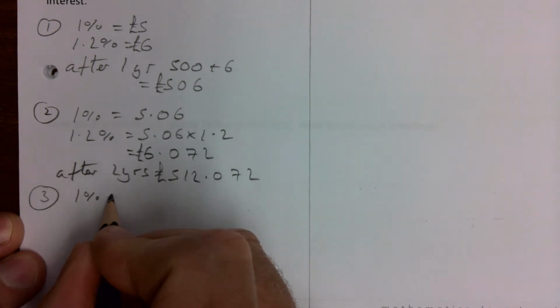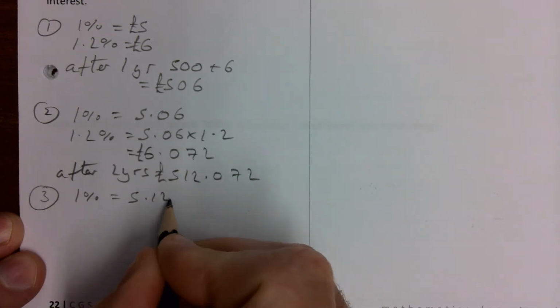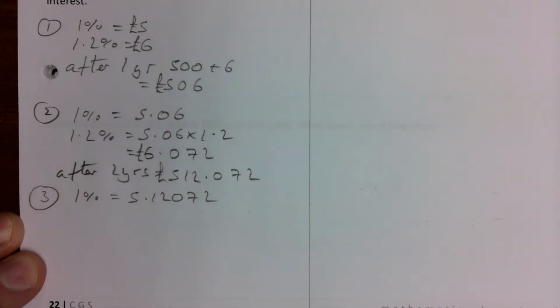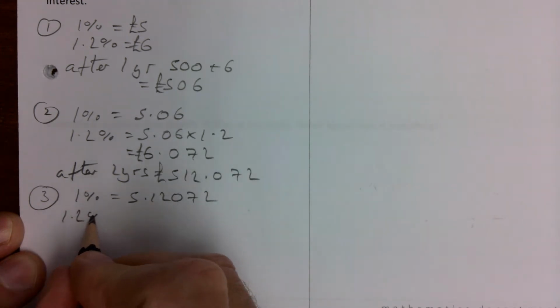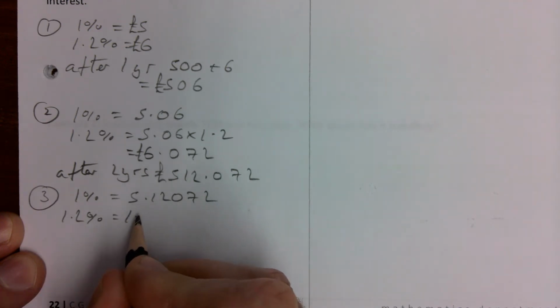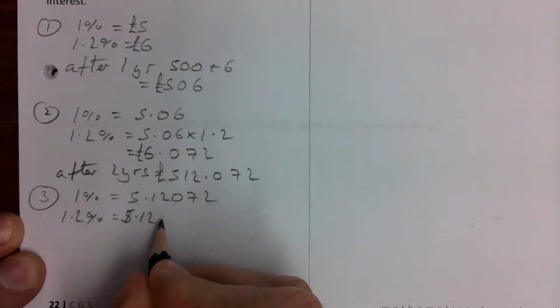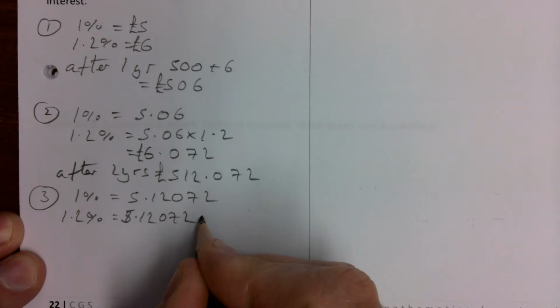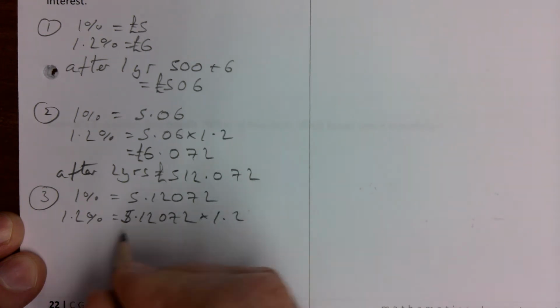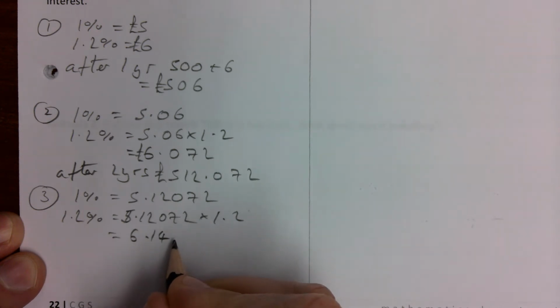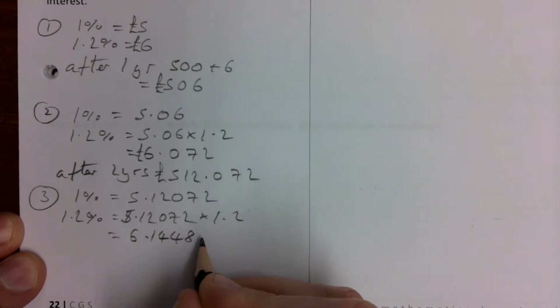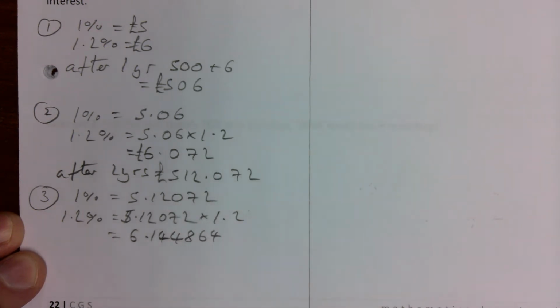For the third year, 1% is 5.12072. That means 1.2% is 5.12072 multiplied by 1.2, which is 6.144864. A lot of decimal places, but again we're keeping it nice and accurate.